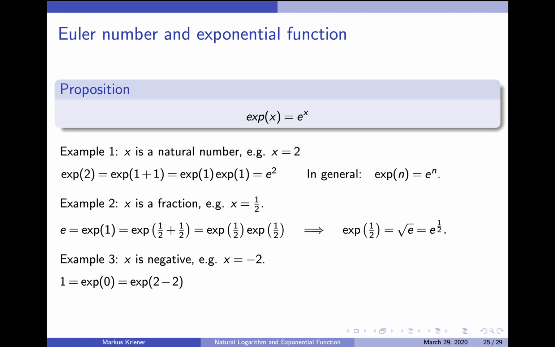Now, 0 is 2 minus 2. Again, the characteristic property, and exp of 2 is e squared. Now we have 1 equals this. Divide both sides by e squared, and we get what we want.